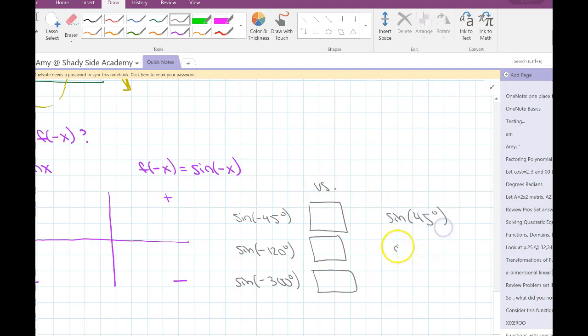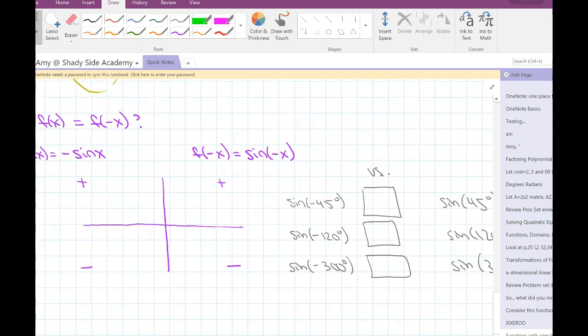Well, let's see. If I'm comparing, let's start at the bottom, negative 300 degrees and positive 300 degrees, I think all 16 of us would agree that both these angles have the same reference angle, right? But let's think about what quadrant they terminate in.